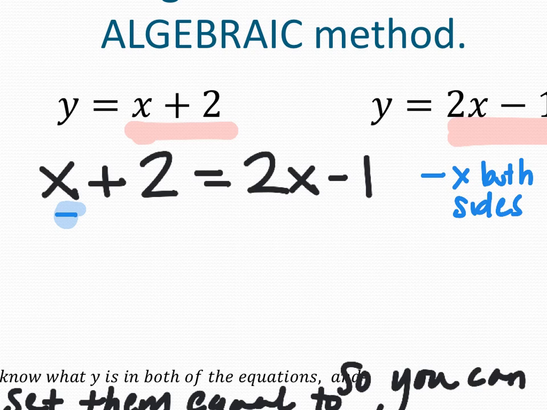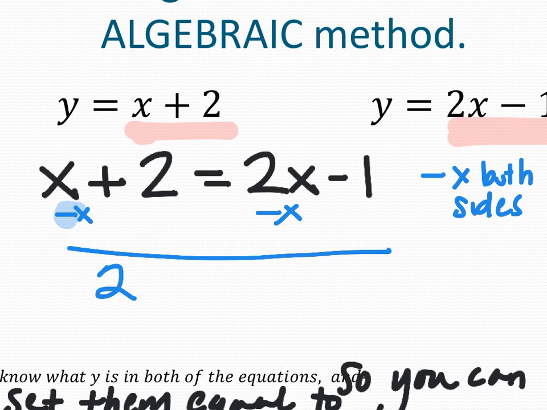Remember, I'm only dealing with like terms. x minus x is 0, and the plus 2 is still there. And then 2x minus x is just x, minus 1. And so I want to get that x by itself. Once again, here I am looking to get the variable by itself. So I have to get rid of that subtract 1, so I'm going to add 1 to both sides.